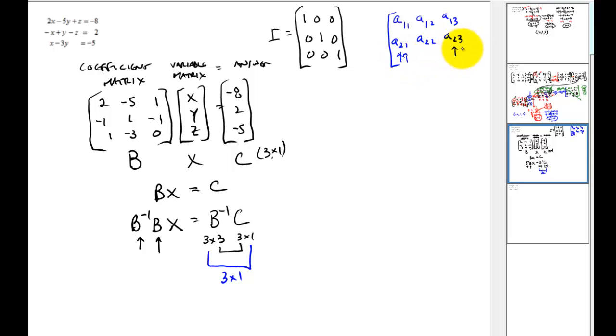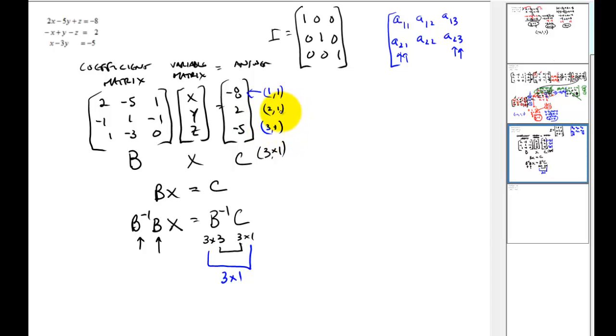This is row 2, column 3. The position of this 8 right here is row 1, column 1. That 2 is row 2, column 1. That negative 5 is row 3, column 1.